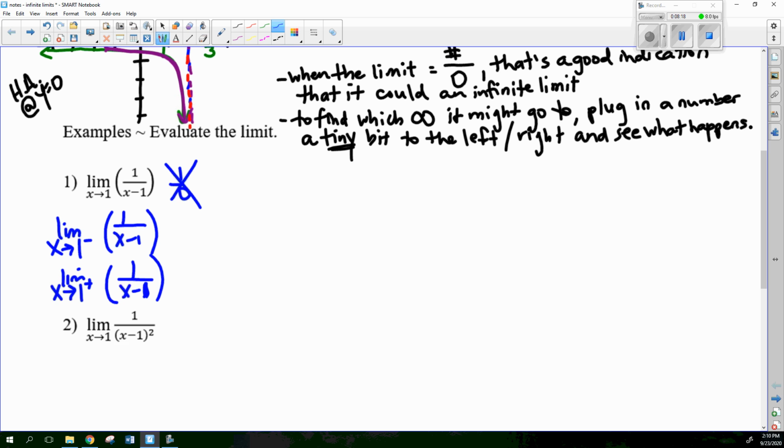Okay? So, what I'm saying here is, since I'm approaching 1 from the left, that means I'm coming in from numbers that are slightly smaller than 1. I mean super, super slightly smaller, okay? And so if I plug that in for x, and then I subtract 1, I'm going to get a really tiny negative. I mean super, super tiny, okay?